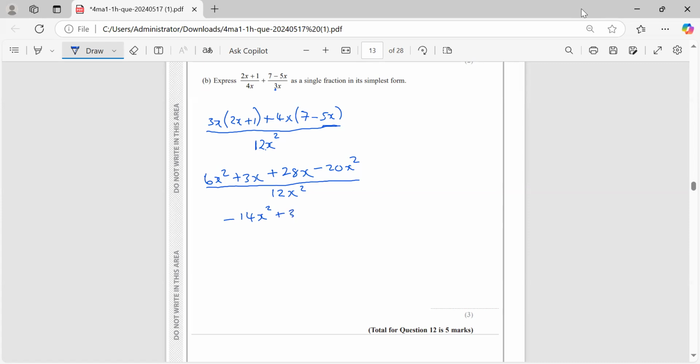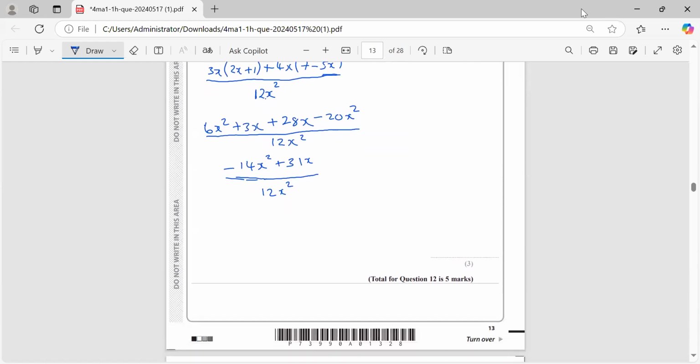So plus 31x all over 12x squared. All right. So I'm going to factor out an x from the numerator. So if I factor out x from the numerator, I'm going to end up with minus x.